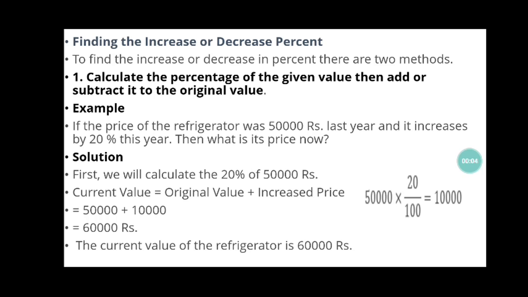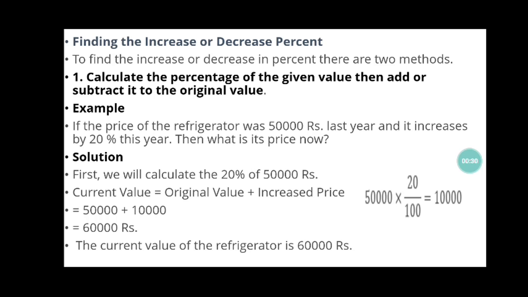So now let us start with finding the increase or decrease percent. To find the increase or decrease percent, there are two methods. You all should know, because sometimes there are fill-ups in exams where they can ask you how many methods there are to find increase and decrease in percent.